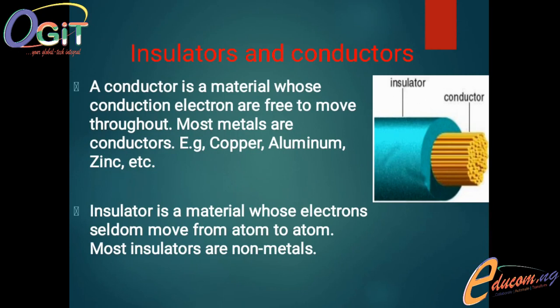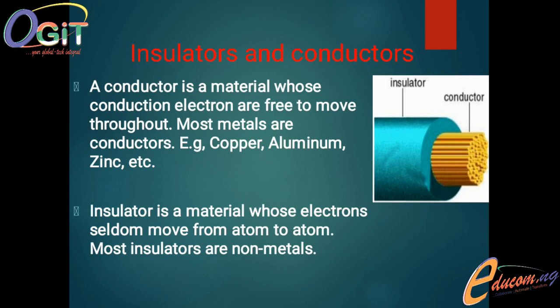Insulators and conductors. What do we mean by them? A conductor is a material whose conduction electrons are free to move throughout. Most metals are conductors: copper, aluminum, and zinc. Yes, electrons will move freely in a conductor such as copper, aluminum, and zinc.